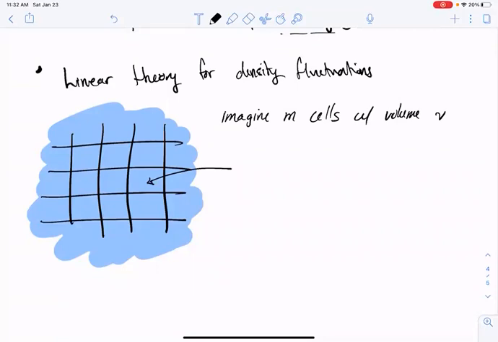If I know their volume and I know their number, I therefore know their density. And as particles diffuse and fluctuate over the course of thermal fluctuations, that density will change. Instantaneously, the density at cell r_i, I can write as some mean value plus some fluctuation.